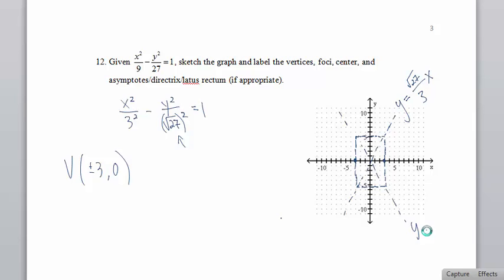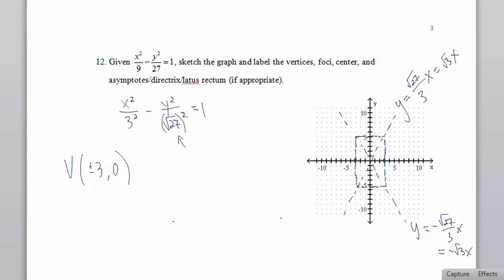And then down here, negative root 27 over 3x. We could reduce the root 27. That would be, what, 3 root 3, right? So that would simplify nicely to actually what? Root 3 times x. Negative root 3 times x. Okay, those are my asymptotes. And that's pretty much the work we got to do.